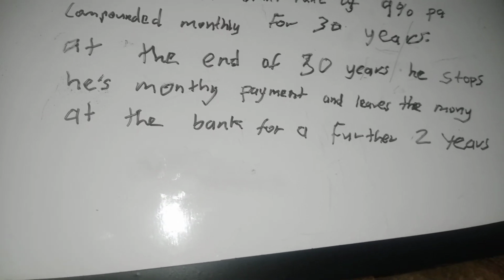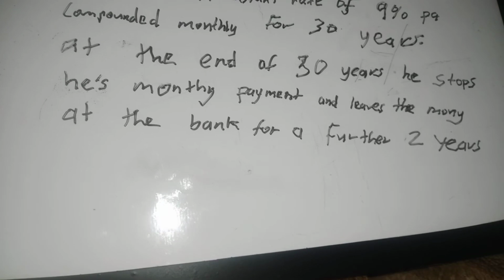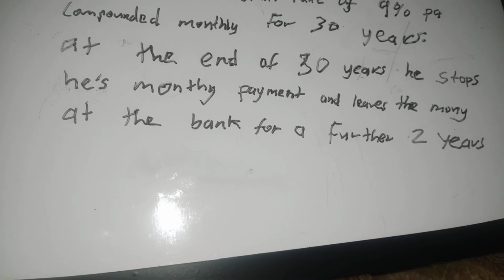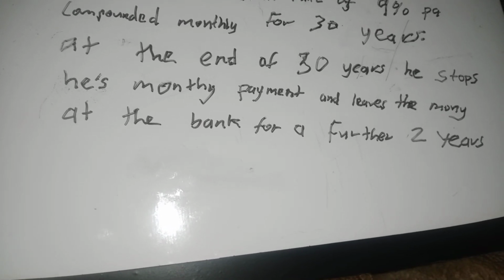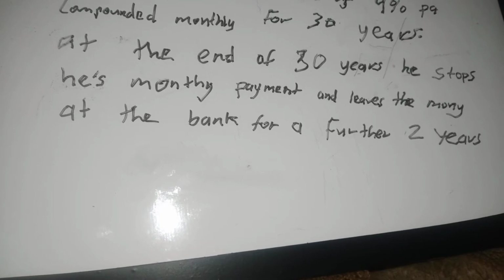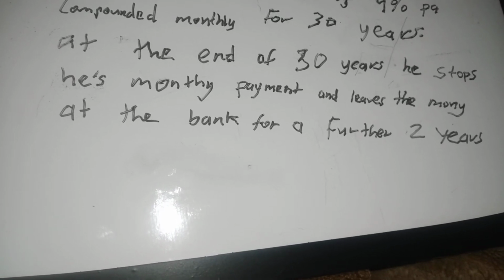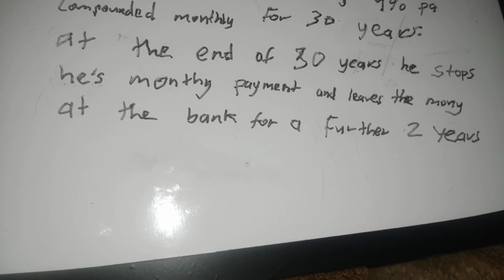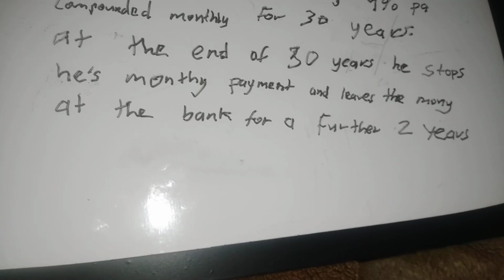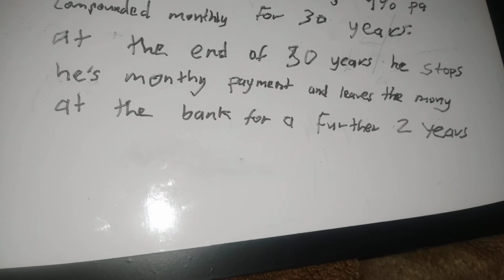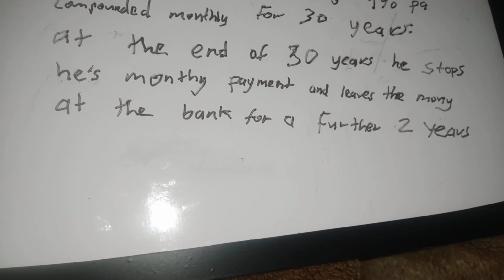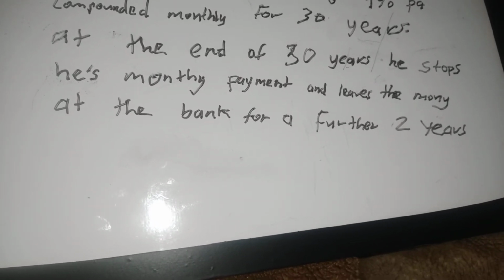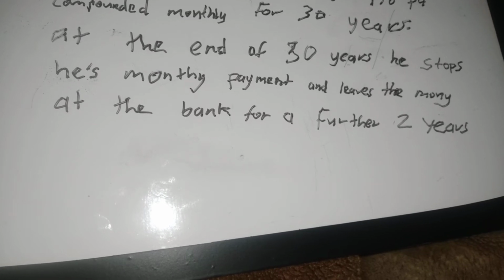So the person has money in the bank for a total of 2 years, but stops paying at 1 year 6 months. Basically the payment ended 6 months early. So the person was paying every month up until 1 year 6 months, and then leaves his money to grow for 6 months.